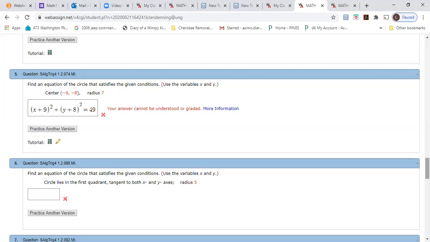So somebody else getting into 1.2, their number 5 may not look like this. I think it likes to scramble the questions between students, so you don't all automatically get the identical form. So I'll just send around a general note that we have found mistakes on entering equations as circles.